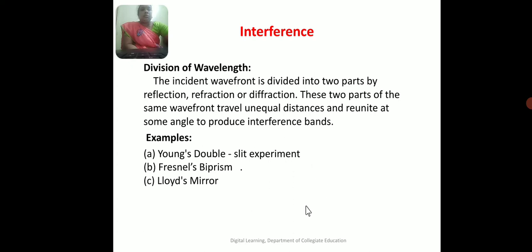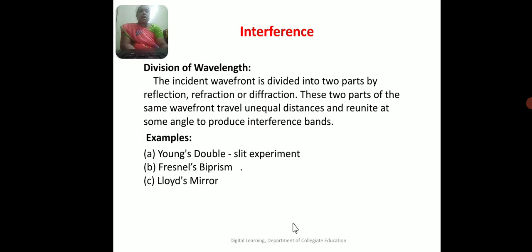Here the wavefront of the waves gets divided into two parts. Half of the wavefront is emitted from slit S1, half from slit S2. So a single wave gets divided into two wavefronts, emitted from the same source. So these two wavefronts obey the condition for interference.